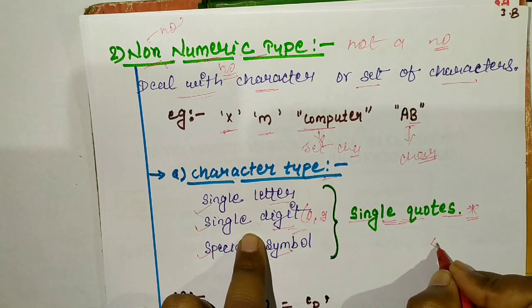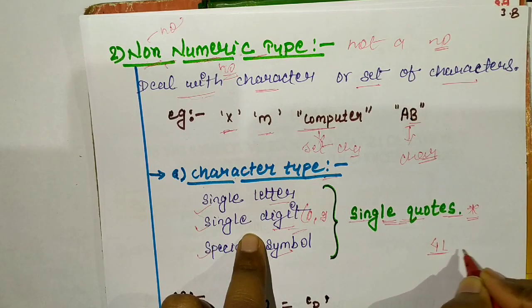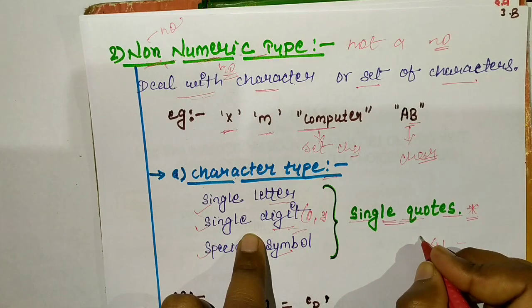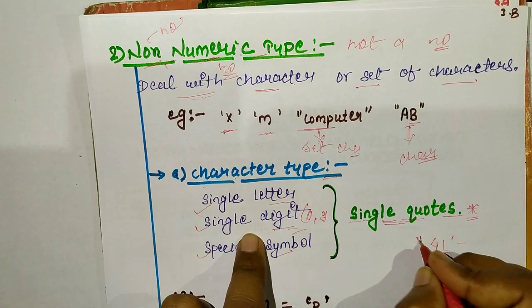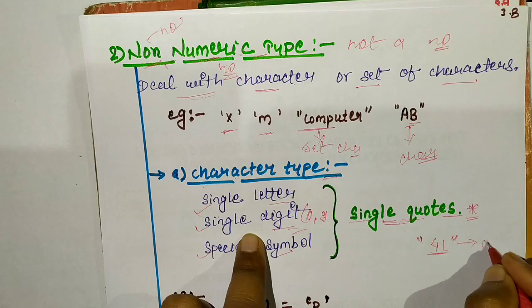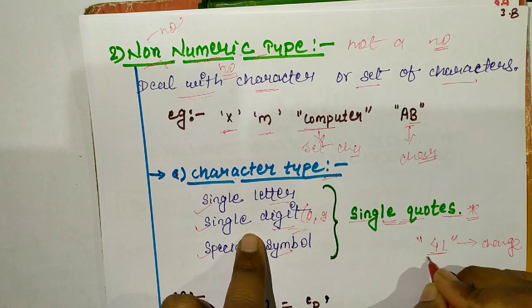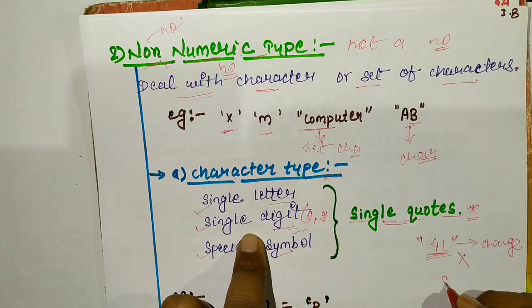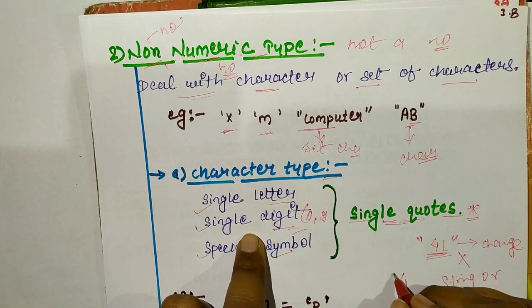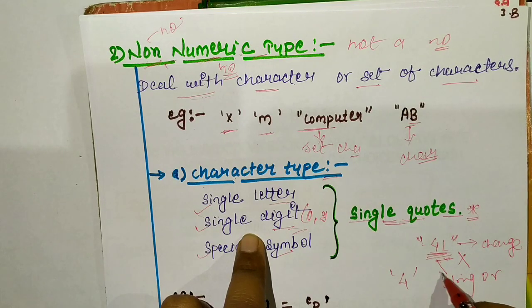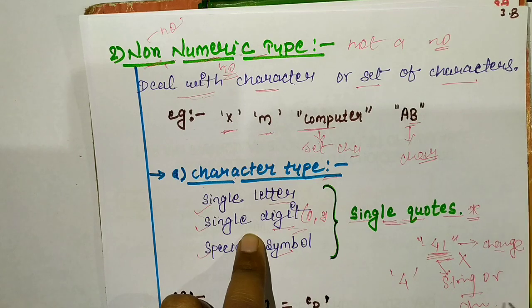Suppose 41 is a number. But when we write it in single quote or double quote, it changes. It is not a number; it is a character or string.